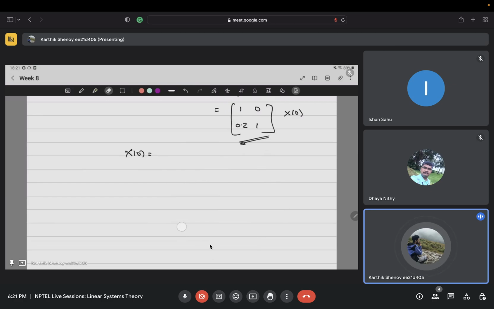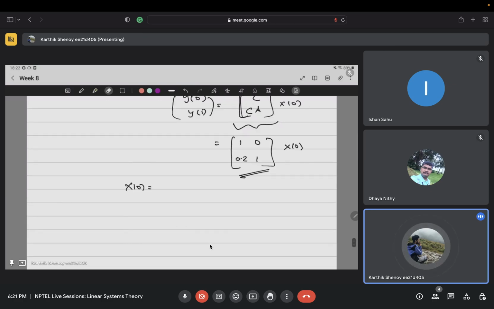So what is x naught equal to? The inverse of this matrix. If I calculate the inverse, it's [1, 0; 0.2, 1]. Is the inverse this itself?